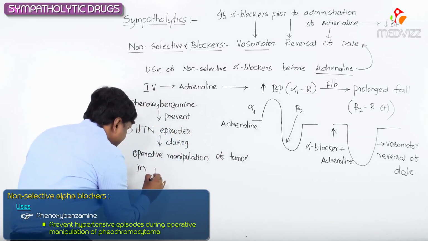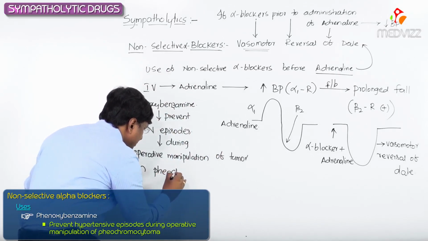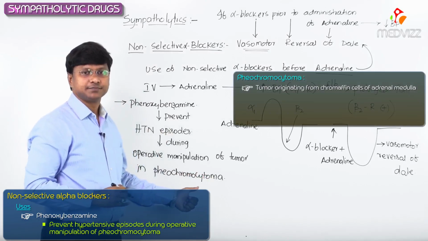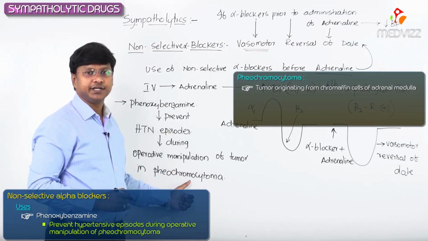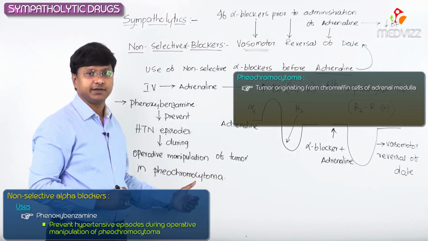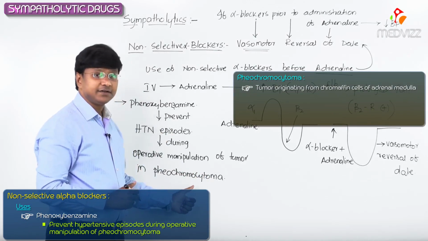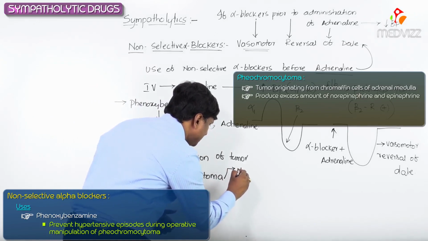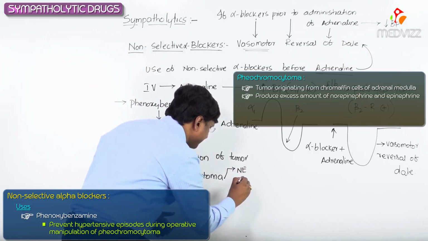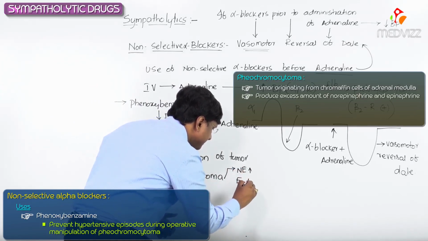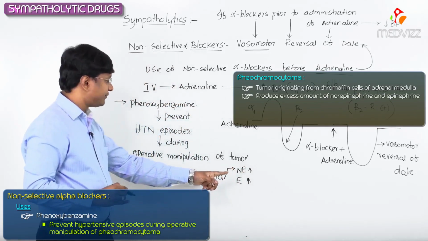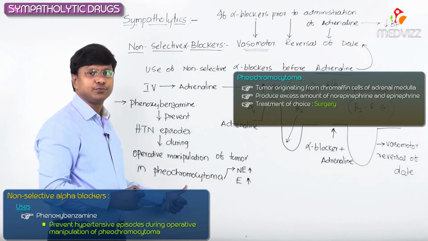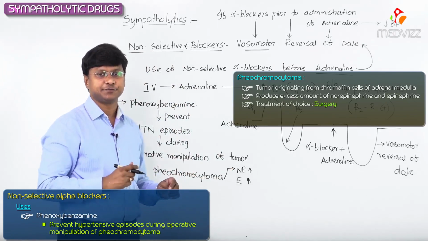Now, what is this pheochromocytoma? Pheochromocytoma is a tumor originating from the chromaffin cells of the adrenal medulla. It will produce excess amounts of norepinephrine as well as epinephrine. What is the treatment of choice for pheochromocytoma? It is the surgical resection of the tumor.